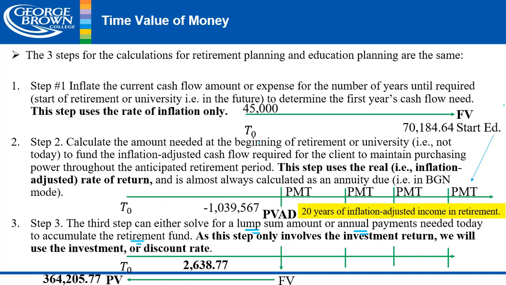So we know that if we want to have $45,000 in today's purchasing power as extra income 18 years from now, well, 18 years from now, because of inflation, that would be $70,184. That's the first payment that we would want at the beginning of 20-year retirement. Every year there's going to be a payment done at the beginning of the year.